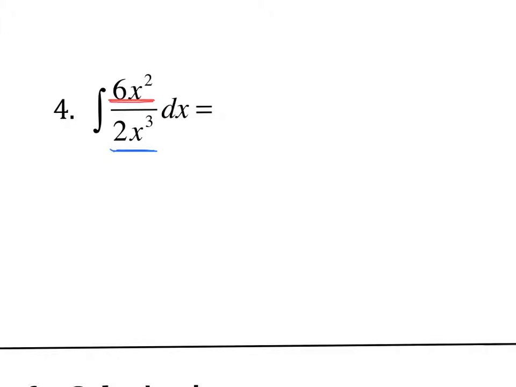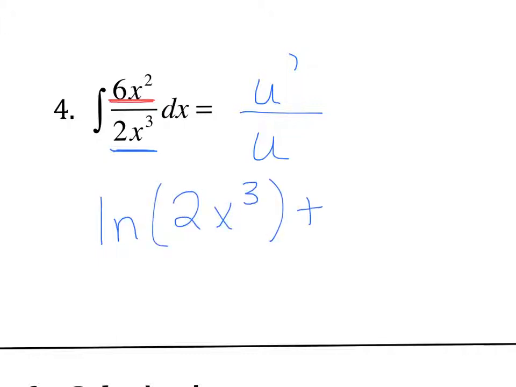When I'm looking at a derivative over itself, that's a natural log, because the derivative of natural log is 1 over itself and then chain rule. So we know that this undifferentiates to the natural log of 2x cubed plus c.